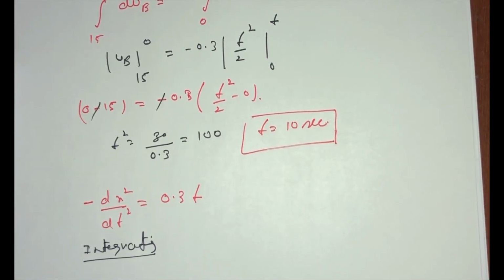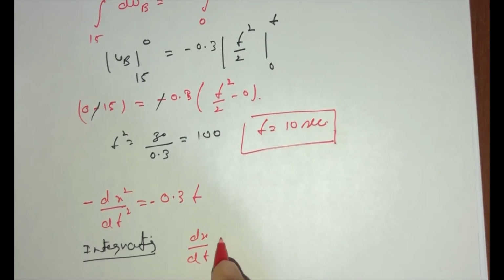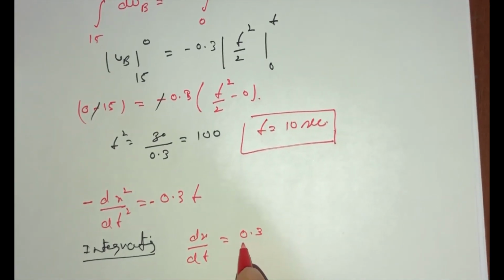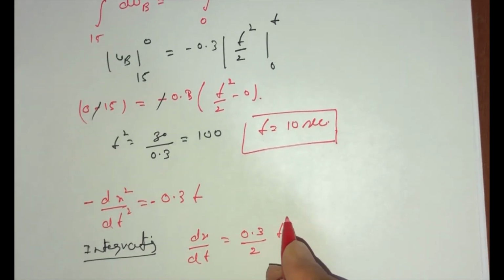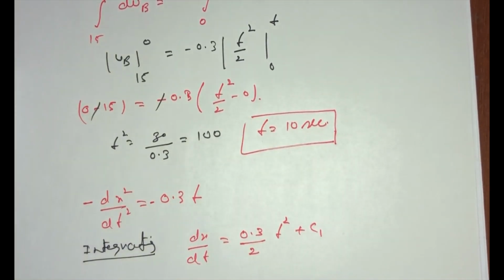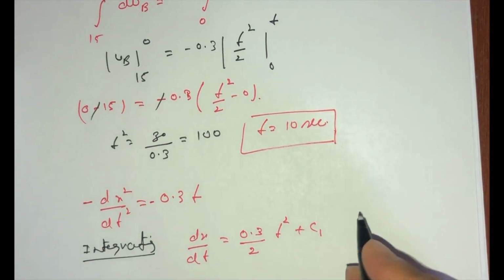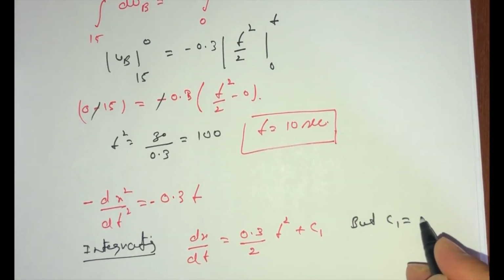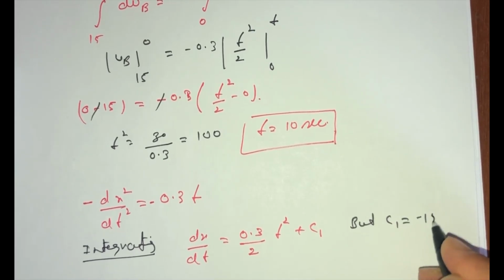We get dx by dt is equal to minus 0.3 divided by 2 t square plus c1, where c1 is a constant, but we already know that the initial value is minus 15.